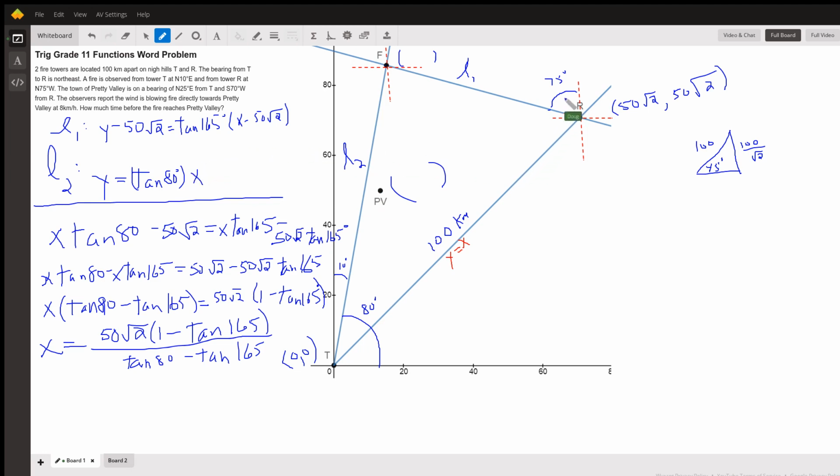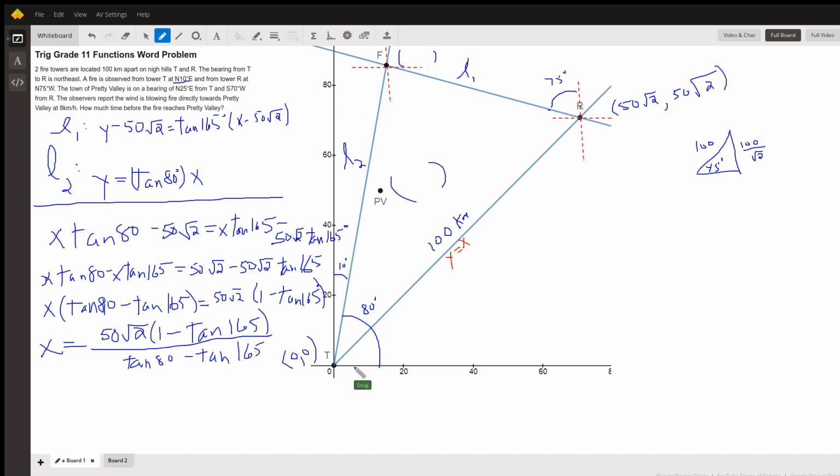The point is, when you're given stuff like this, that something is north 10 degrees east of a given point, it's helpful to draw little horizontal and vertical segments at that point. So in this, by the way, Tower R is northeast of Tower T. That means it's at a 45-degree angle.